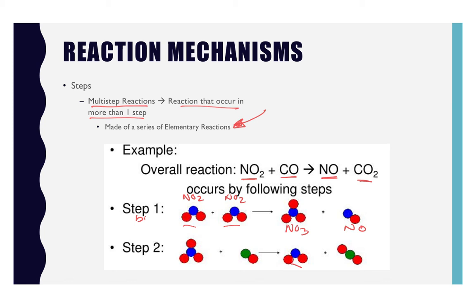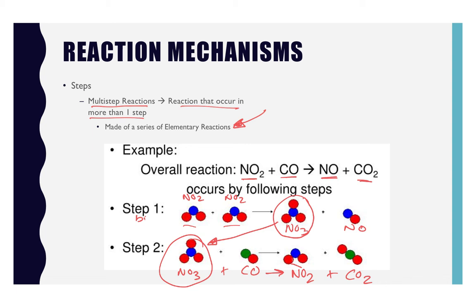Second step then, we take that NO3 from the first step, we add it to carbon monoxide, and on the opposite side, we get NO2 plus CO2. Okay, so you'll notice that all of the NO2 that is produced in the reaction gets used up in step 2.